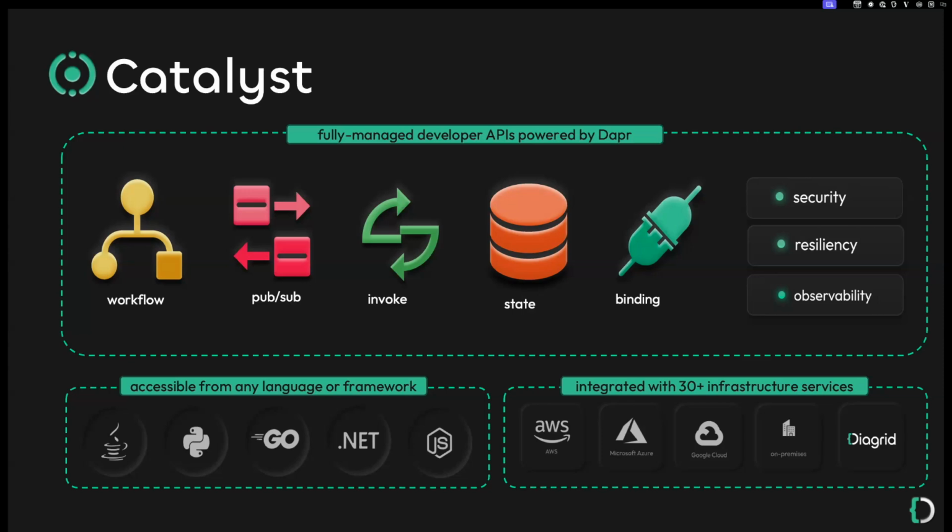So you can use the existing Dapr SDKs to communicate to the Catalyst-hosted Dapr APIs, and then you get built-in security, you get resiliency policies you can apply, and then you'll get observability that's brought to you through the Catalyst platform versus having to build your own observability tooling. So any language or framework is supported, and then basically we provide integration across the different infrastructure providers that you can use for each of these different APIs.